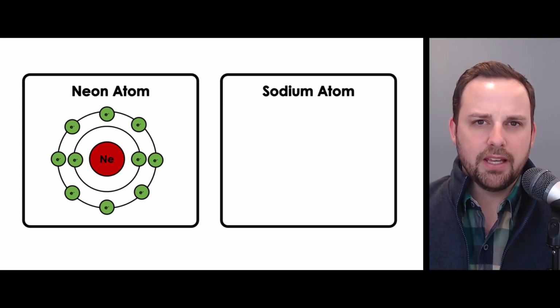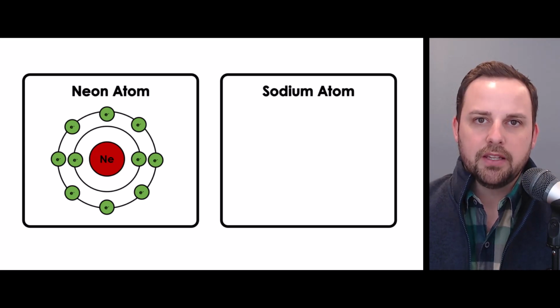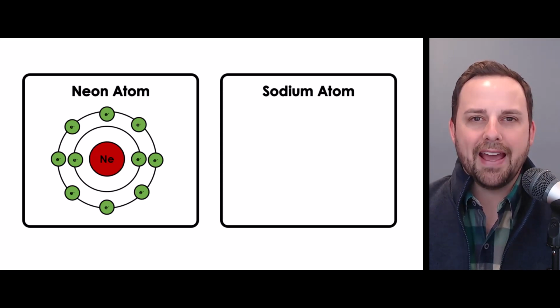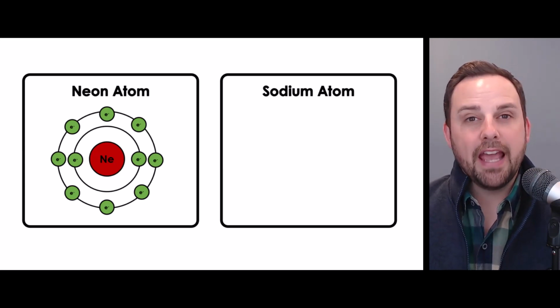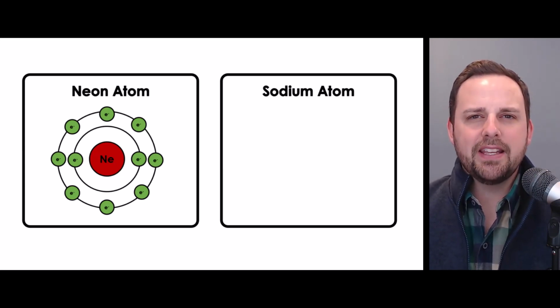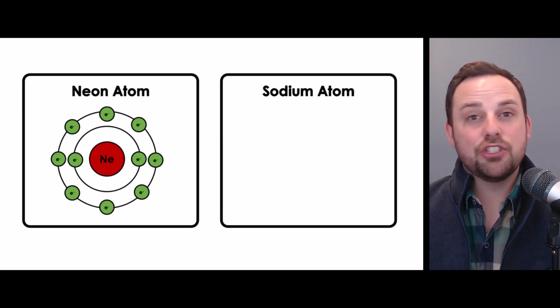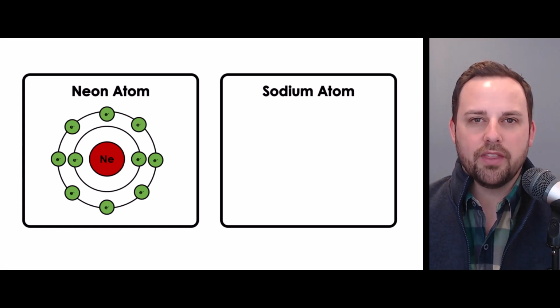And here's something really interesting about neon. Neon is one of the noble gases, and the reason it's special is because it has a full valence shell. It has 8 total electrons in the outer shell, and in chemistry, that's good because neon is very satisfied. It's a happy atom, and it has no interest in interacting with other atoms.